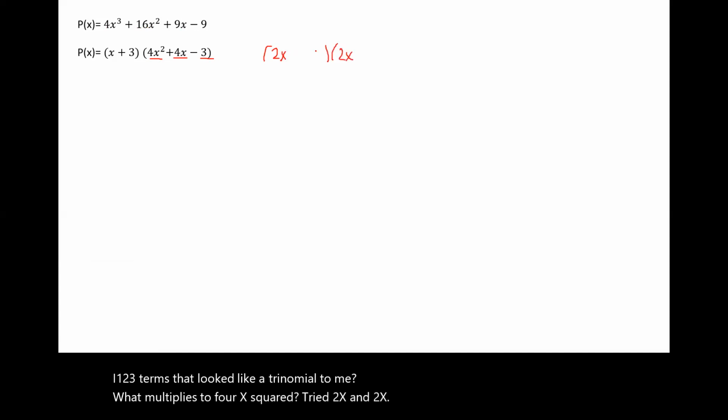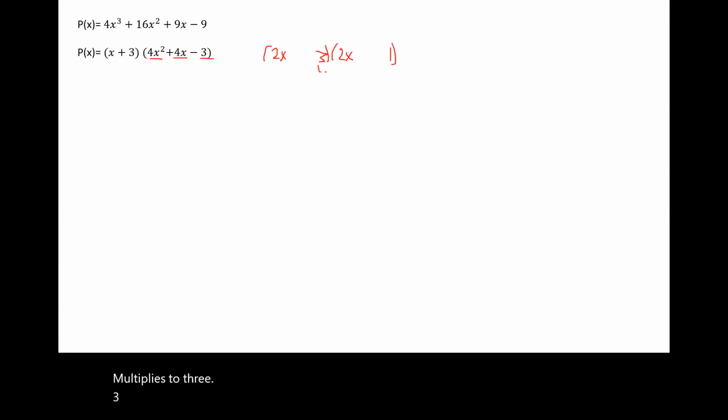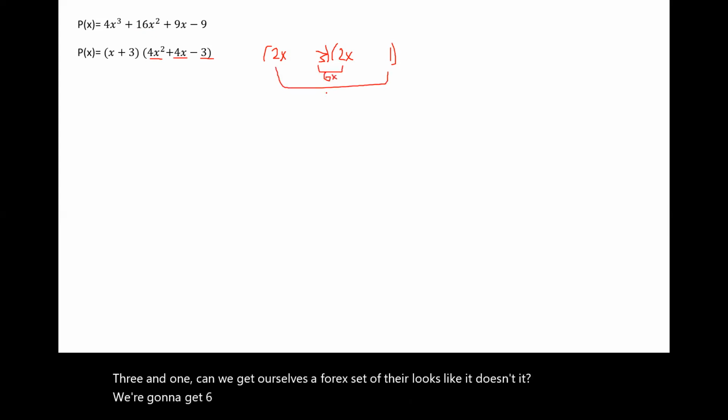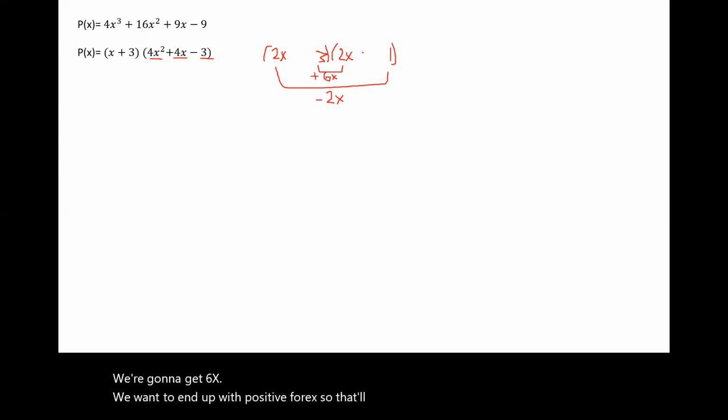Multiplies to 3, 3 and 1. Can we get ourselves a 4x out of there? Looks like it, doesn't it? We're going to get 6x and 2x. We want to end up with positive 4x, so that'll be positive and this one negative. And so there are the factors.